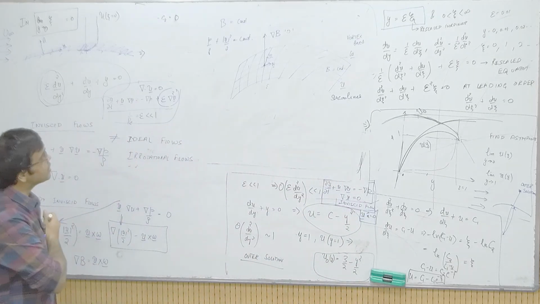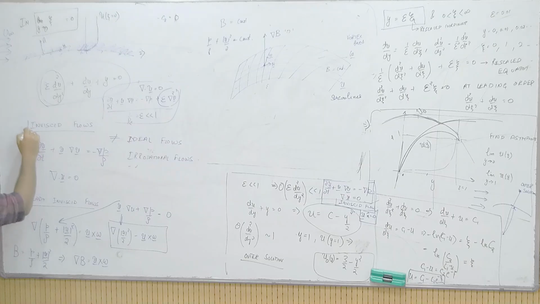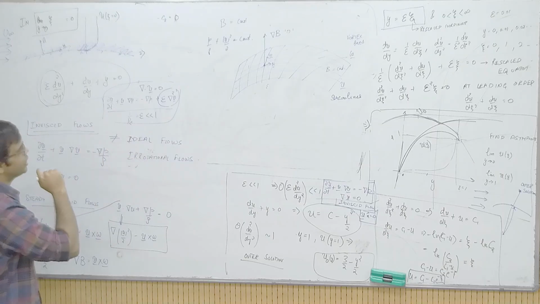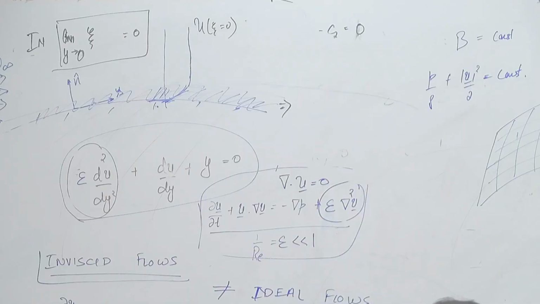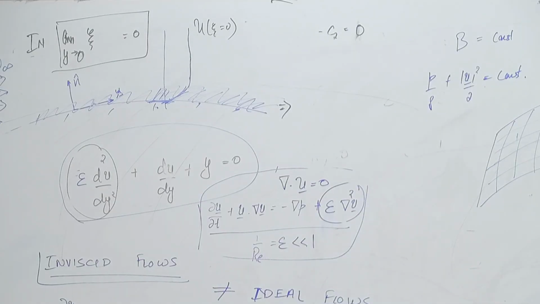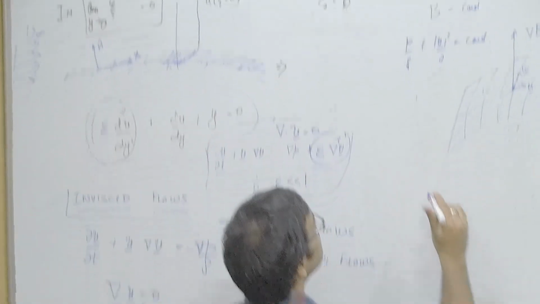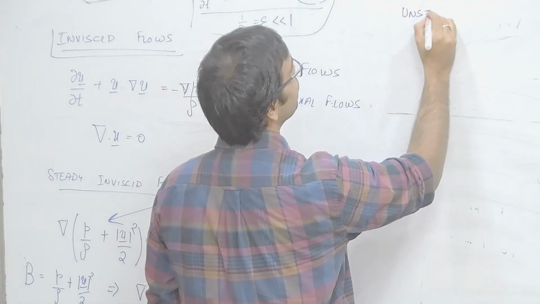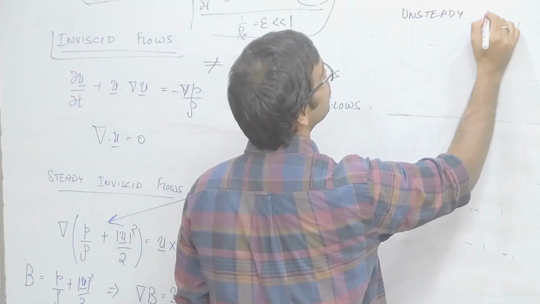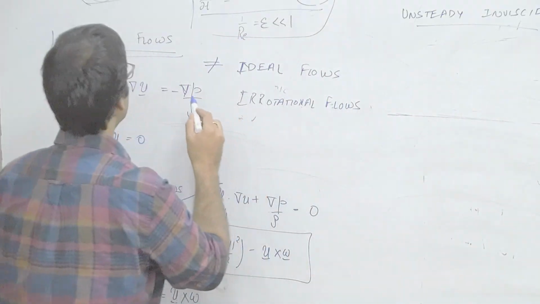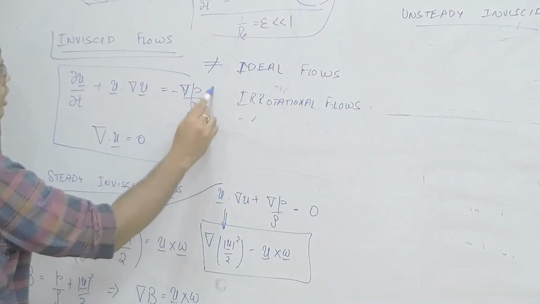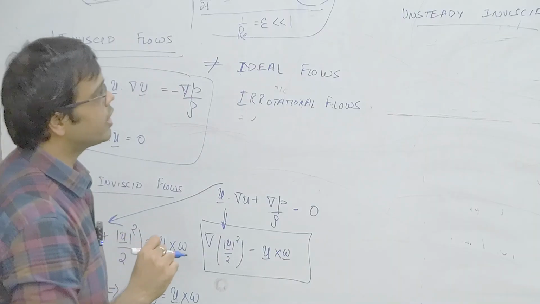Now, before we discuss another class of inviscid flows, which are the ideal or irrotational flows, what about unsteady inviscid flows? So in unsteady inviscid flows, these are the governing equations, fine, but there is more that we can say about these governing equations.